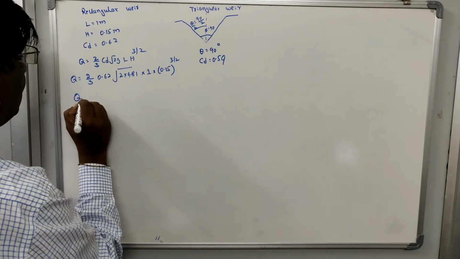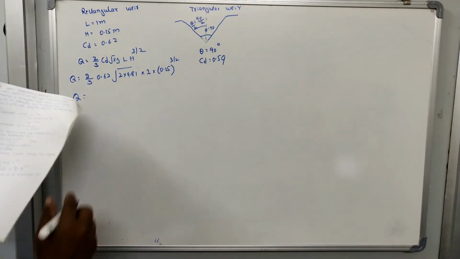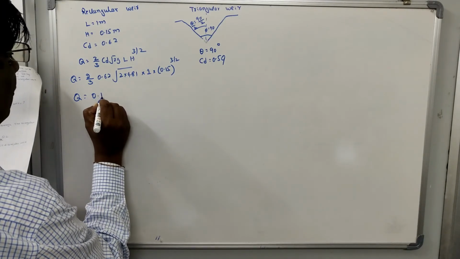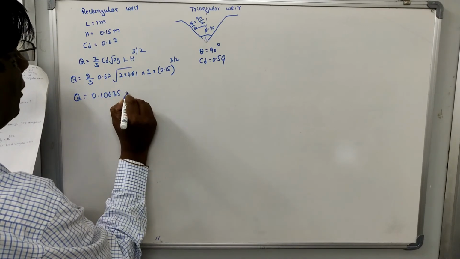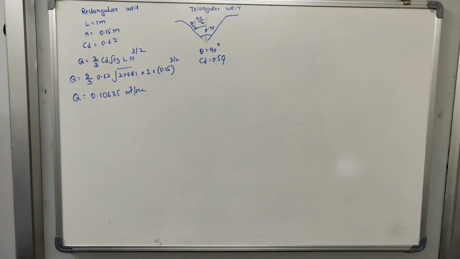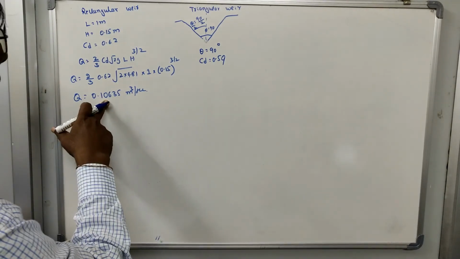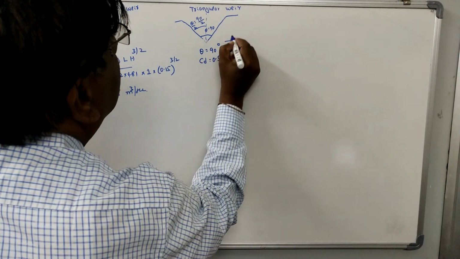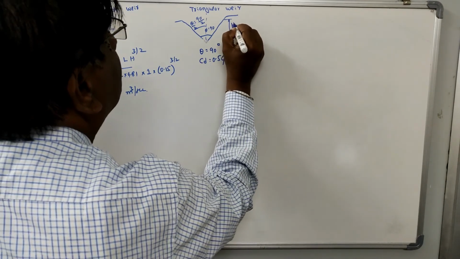So you find Q. This Q value you are getting as 0.10635 cubic meter per second. Now as per the given problem, the same discharge is passing through the triangular weir. Only thing is you have to find the head over the sill of the triangular notch.